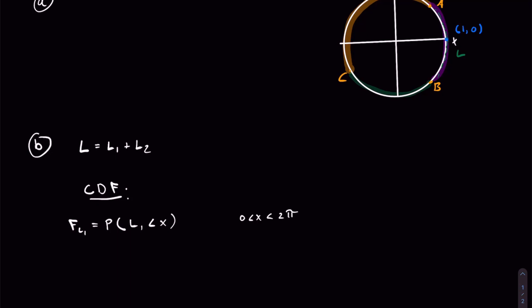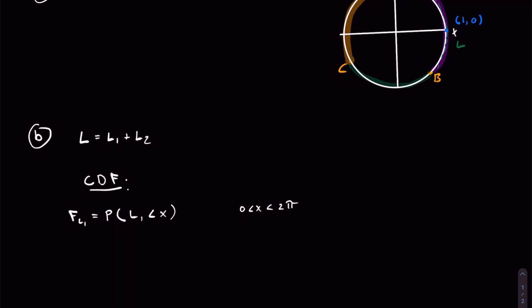L1 can never reach 2 pi, because if A and B fall into a very large arc, C has to fall somewhere else in the remainder of the length.